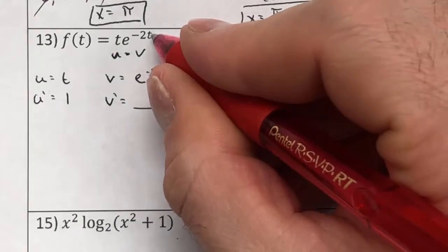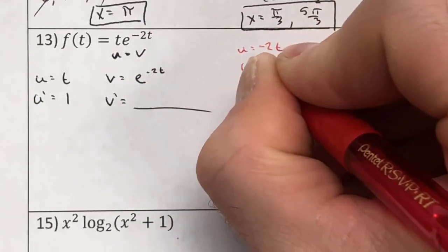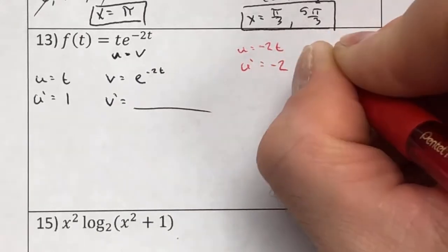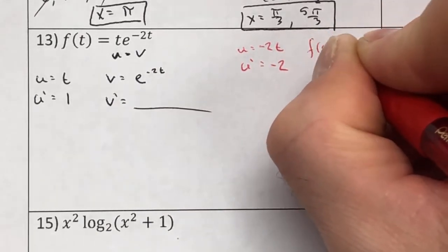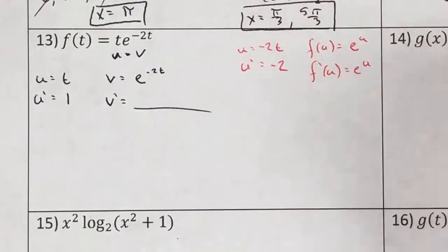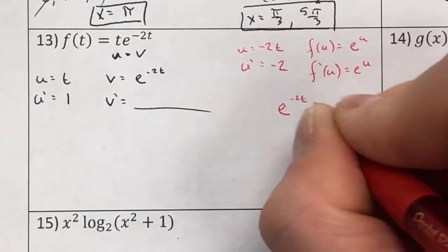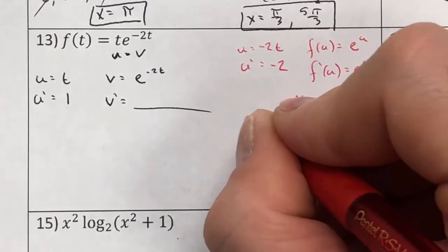If negative 2t was the u, then u prime is negative 2. F of u is e to the u, and F prime of u is e to the u. So that would mean e to the negative 2t times u prime, which is negative 2.